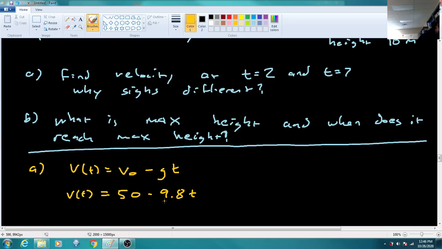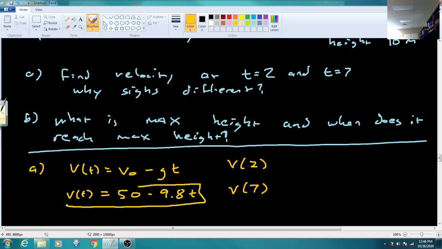So I'm going to just plug in time equals 2 and time equals 7, and we'll see what we get back. So v of 2 and v of 7. We're going to use this right here for our v of t equation. So 50 minus 9.8 times 2 is 30.4.